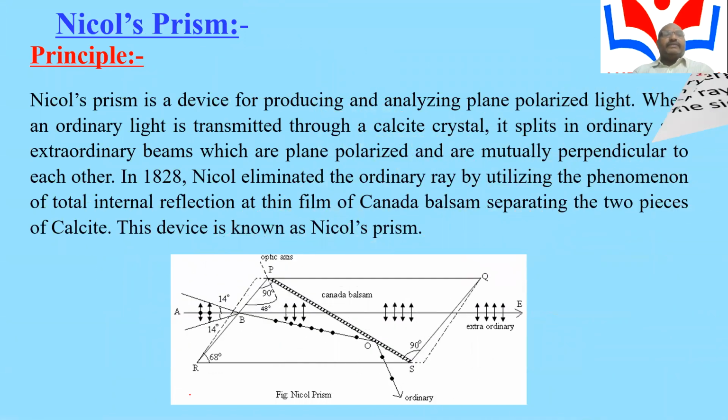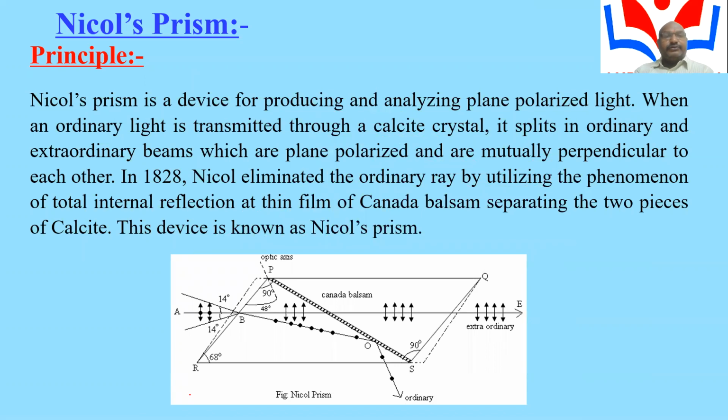So the principle of the Nicol prism: it is a device for producing and analyzing plane polarized light. When ordinary light is transmitted through a calcite crystal, it splits into ordinary and extraordinary beams, which are plane polarized and mutually perpendicular to each other.